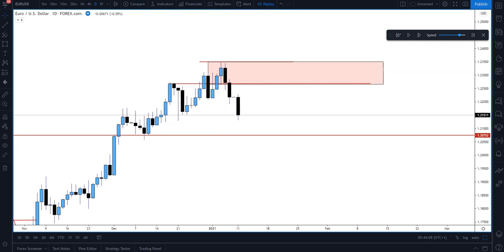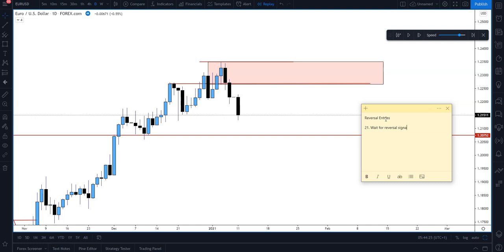I call this the reversal entries. Number 1, we're gonna wait for a reversal signal on a higher time frame.